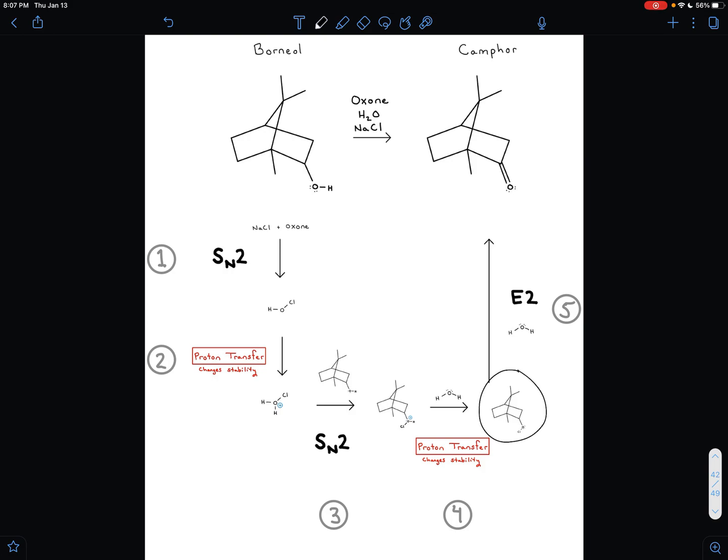And you have this stabilized molecule. Finally, once you have this chlorine leaving group there, you can do an elimination. Water can act as the base, and when it does, you form the second bond between the carbon and the oxygen. And that is the mechanism for how Borneol turns into camphor when you add oxone, water, and sodium chloride.